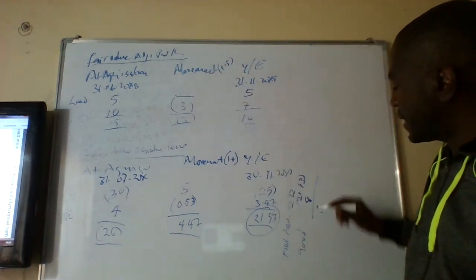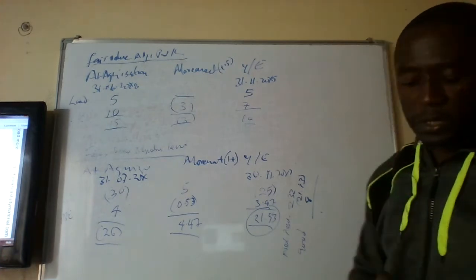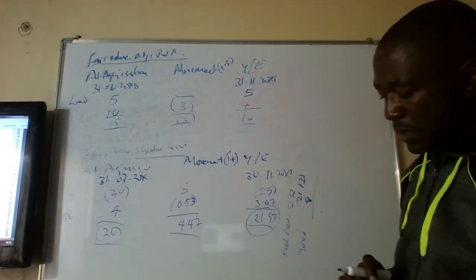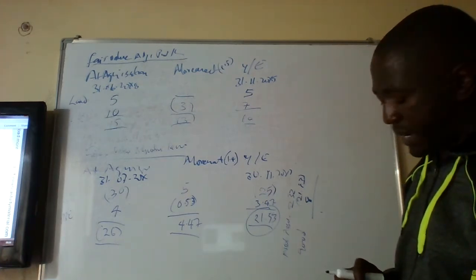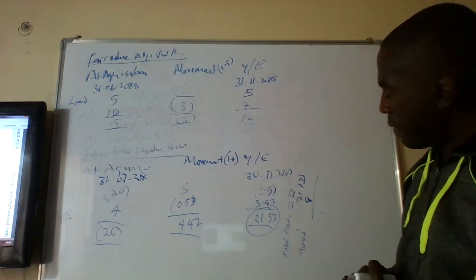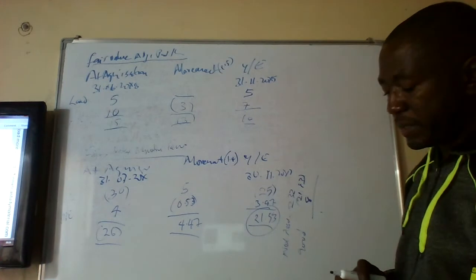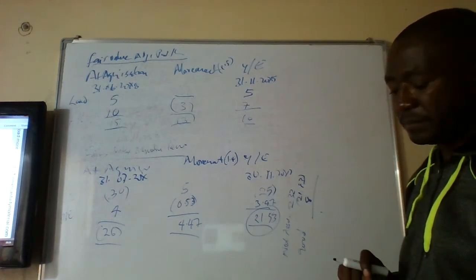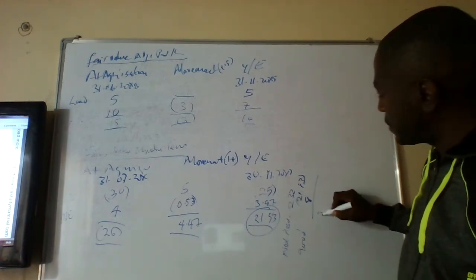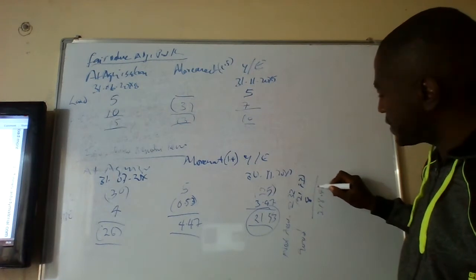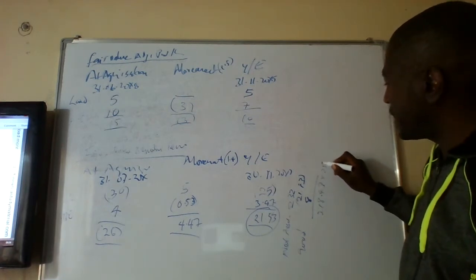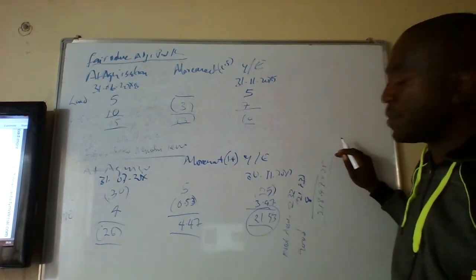So that when you add that, 232 minus 21.53 plus 8, 218.47. You multiply this by the 25% the disposal.